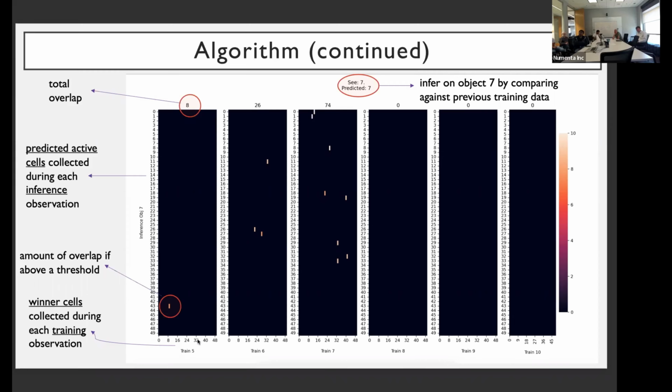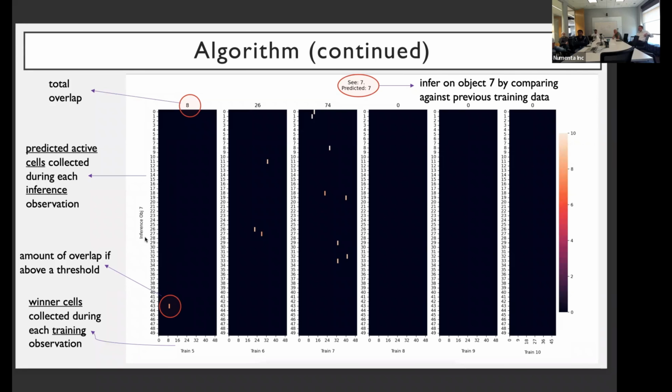So if you look at the x-axis for each of these black columns here, the x-axis shows you the winner cells collected during each training observation. There are about 50 training observations here, and in each of them, I've stored a set of winner cells. And on the y-axis, I'm looking at my predicted active cells that I collected during each inference observation for this object 7.